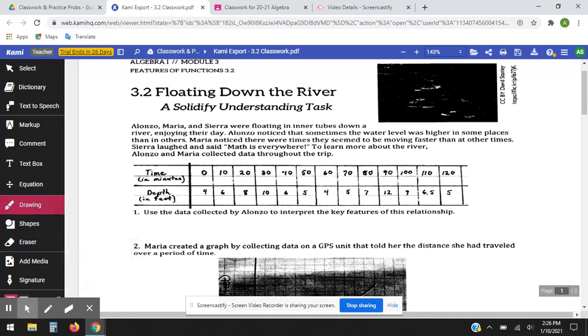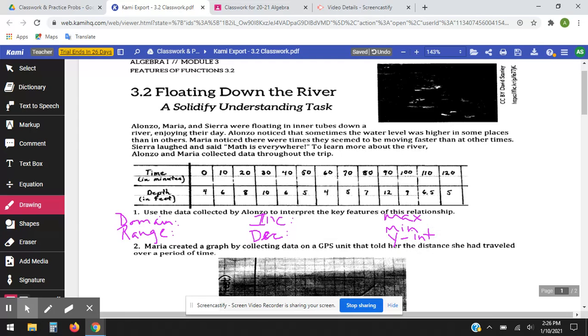So our key features are domain, range, and then we have increasing, and we have decreasing, and then we have maximum, we have minimum, and we have y-intercepts.